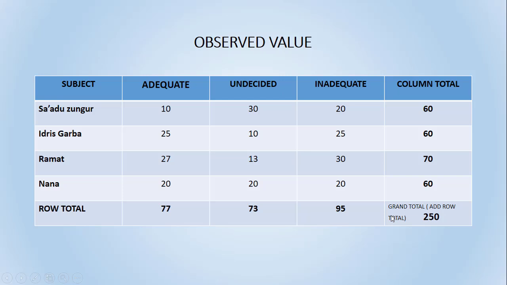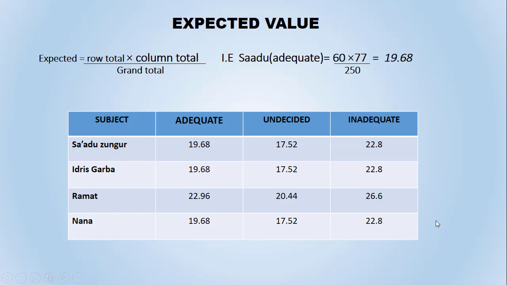Then for Ramat, 70 times 95 divided by 250 will give us 26.6. Then also the last one, 22.8. You can solve it out on your calculator or in your book to understand more on this. So this is our expected value.